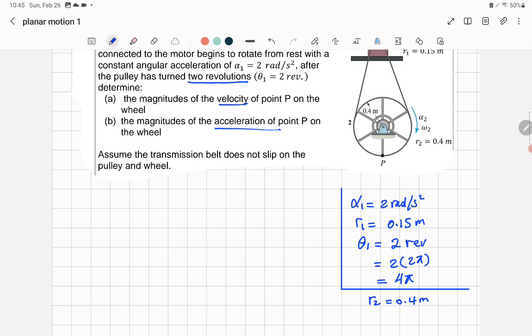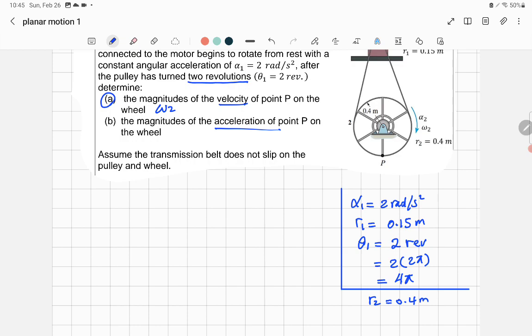We need to find the velocity first. We want to find the velocity of point P. So how will we find the velocity of point P? Of course, it's rotating, right? So simply we need to find omega 2. Now start thinking, how can we find omega 2?